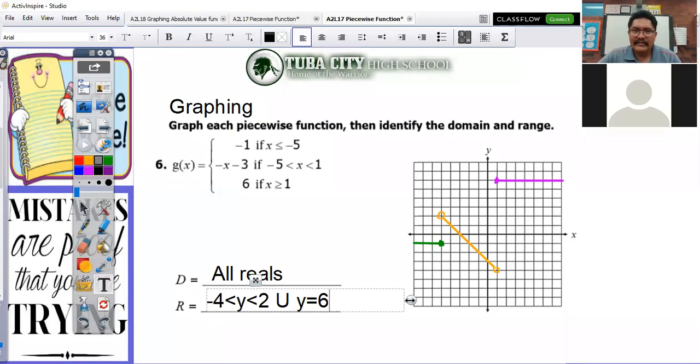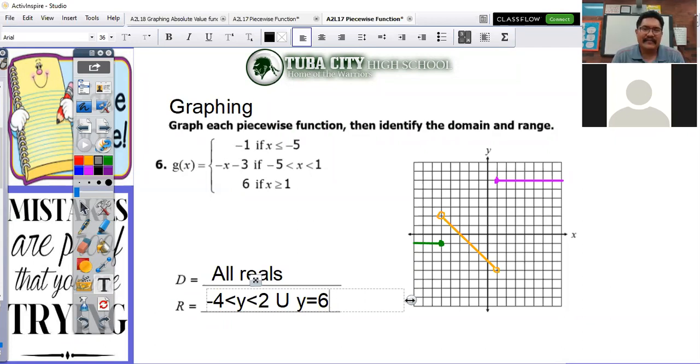And again, union means together, like a workers' union. The range is numbers between -4 and 2, and the number 6.